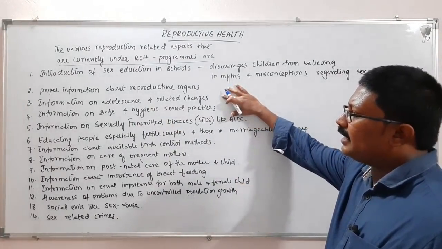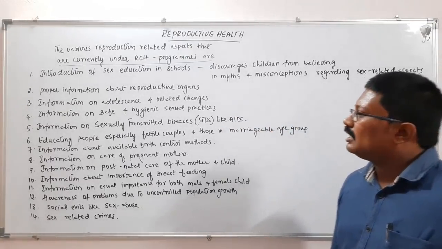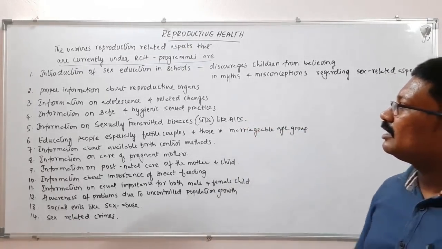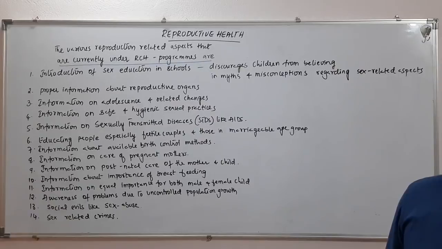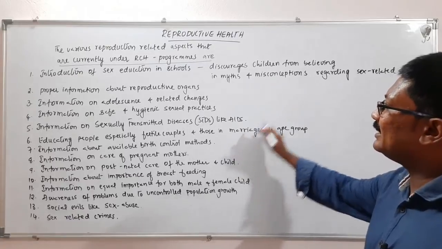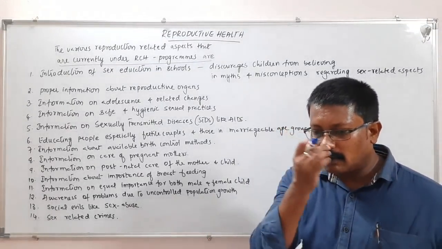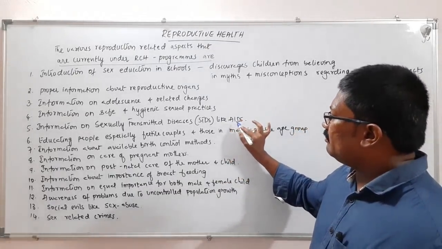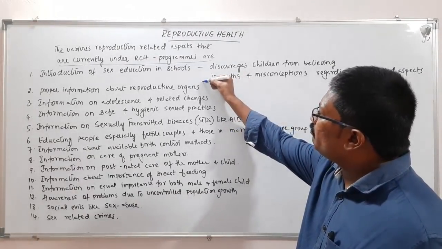Again, information on safe and hygienic sexual practices. That is another piece of information under RCH programs that is given to people in society. Then information on sexually transmitted diseases, like AIDS. We know nowadays all around the world there are many STDs, and among them AIDS is creating havoc.